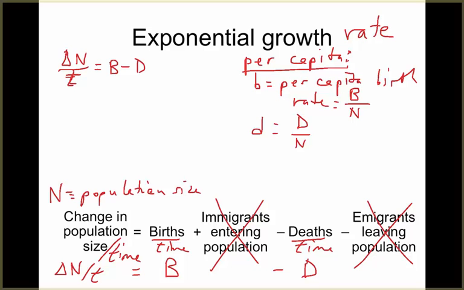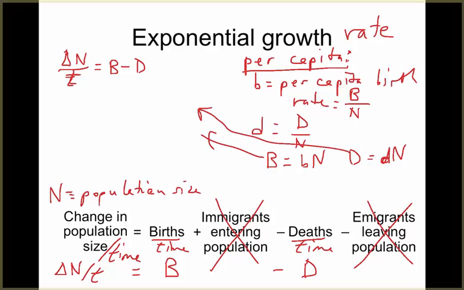If we arrange these two equations then, little b equals big B over n and little d equals big D over n, we come up with another way of writing this, which is just simply capital B is small b times n, and similarly capital D is small d times n. If we substitute these in now for this equation over here in the upper left, we get delta n divided by t is equal to small bn minus small dn.